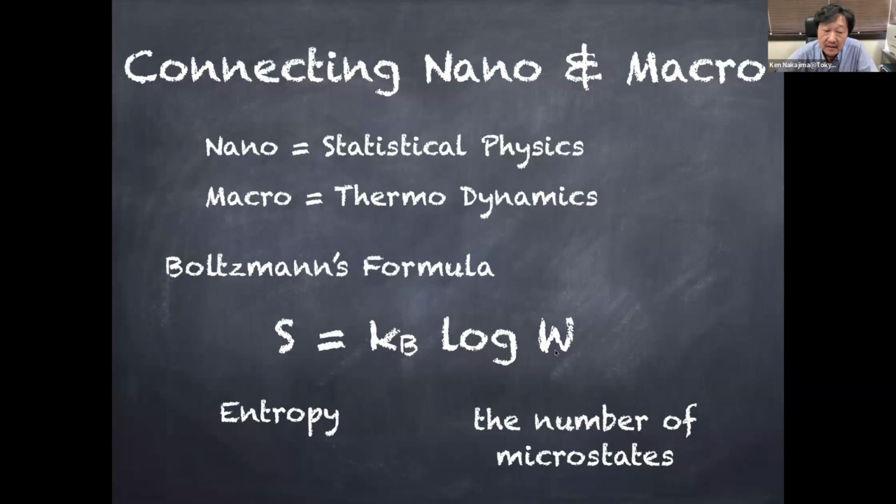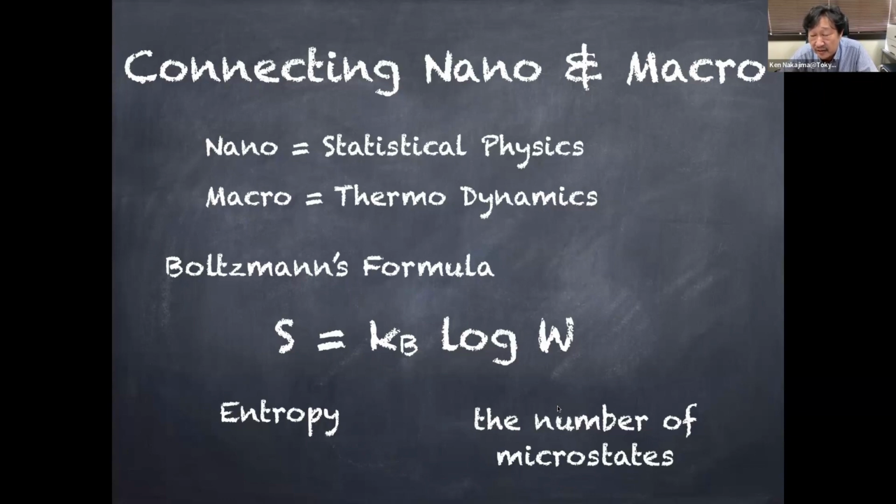In physics, entropy is a kind of measure of heat. But today, I also want to connect this entropy with the quantity W, which means the number of microstates. How many different microstates are possible in this system?